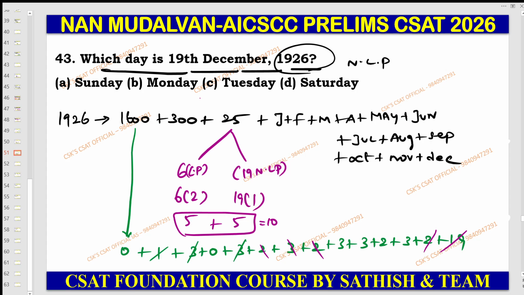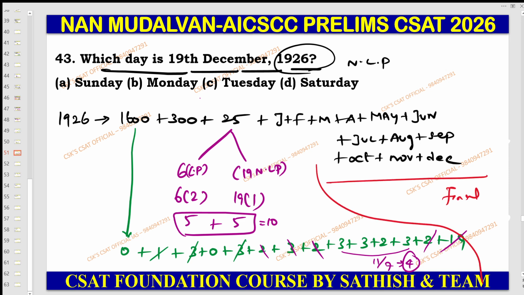Now 11 here, totally 11. 11 by 7 becomes 4. Now the final. 10 plus 4 becomes 14. 14 means 0 odd days, 14 by 7 is 0. 0 is defined for what? Sunday. Answer is Sunday. Everyone understood?